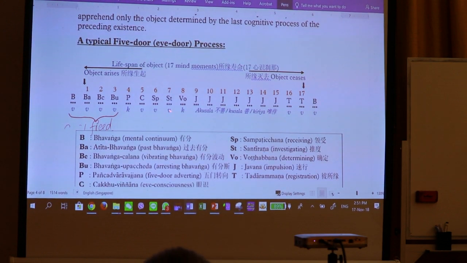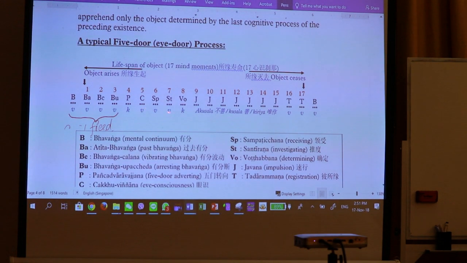Number 4 is the adverting consciousness. This is what we call the adverting mind. How many adverting minds according to here? Only one.